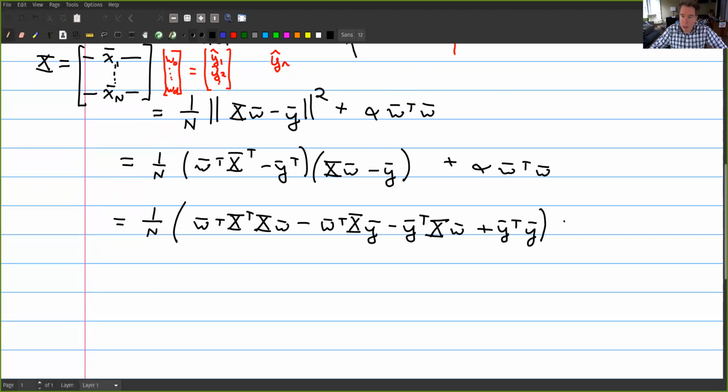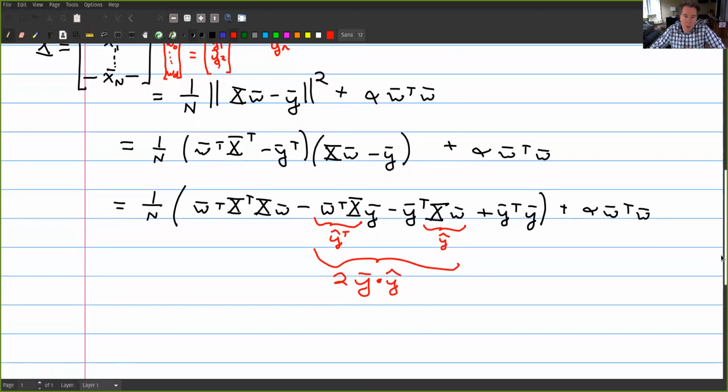And I'm still just carrying along alpha w transpose w. So one thing that has two parts to notice here is that this is y hat transpose, and this is y hat. So both of these things here are just the dot product of w and y hat. So all of that is just 2 times w times y hat.